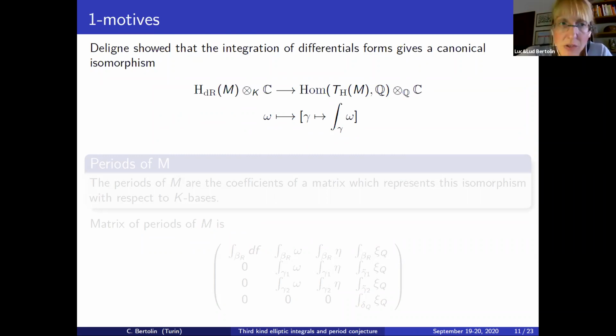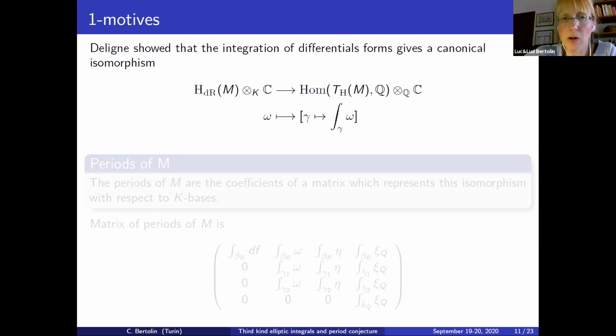But Bertolin showed that in the case of one motif, the integration of differential forms gives a canonical isomorphism between the C vector space of differential forms on M and the dual of the space of loops, and to each differential form you associate the map that sends any loop gamma to the integral of this differential form along this loop.